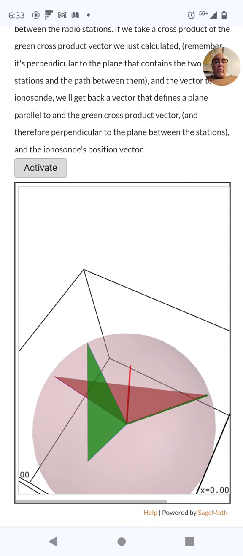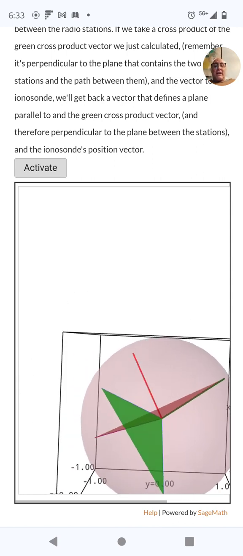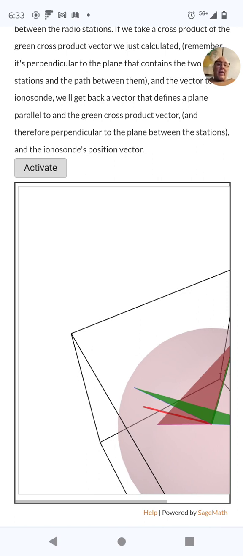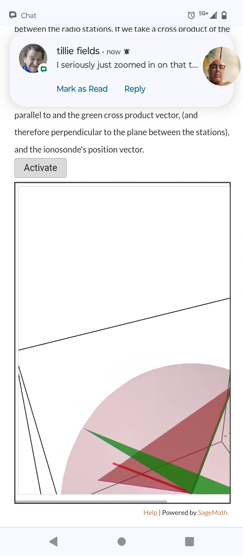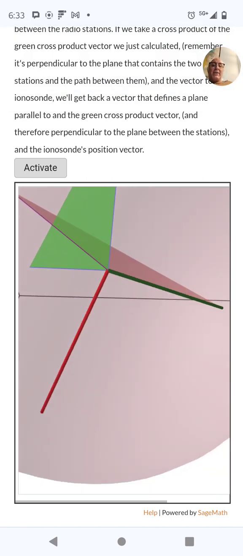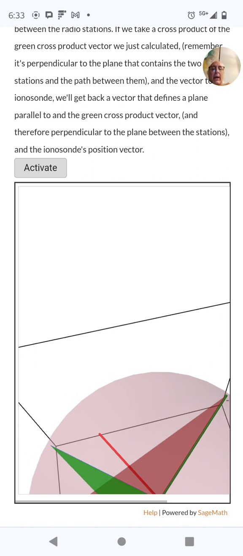And now the new cross product plane also contains a path to the ionosonde. Because they're in the same plane, I have the perpendicular path from the ionosonde to the path of the QSO.